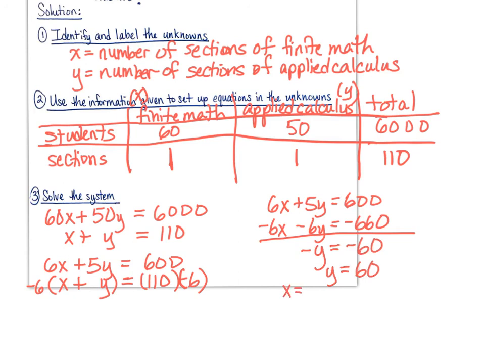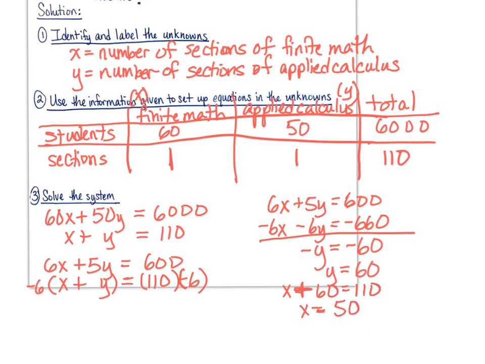Remember, you can use either equation. You can use this equation or this equation to find out what x is. Which equation would you like to use? The second one, x plus y equals 110. So, x plus 60 equals 110, or as you said, x is equal to 50.